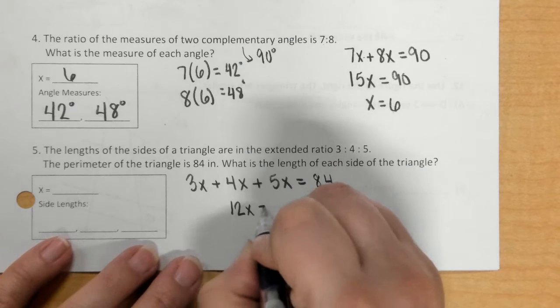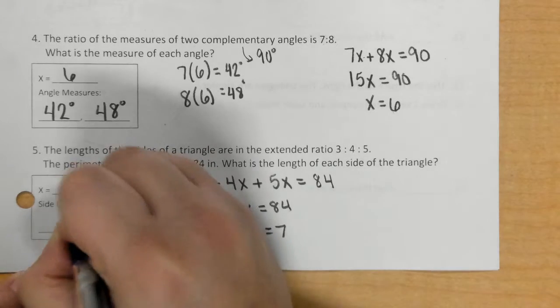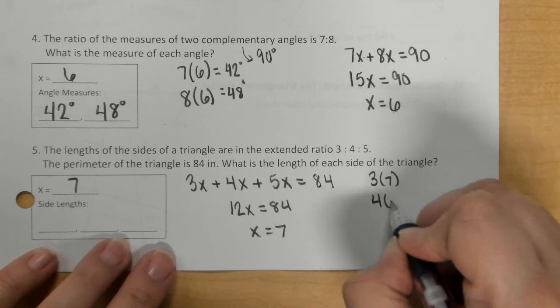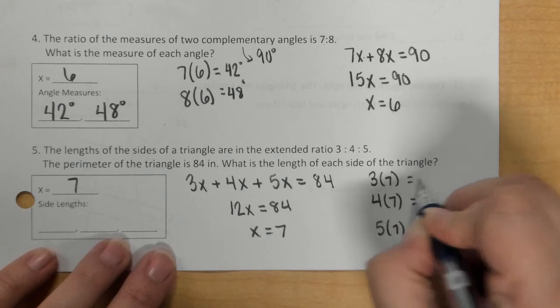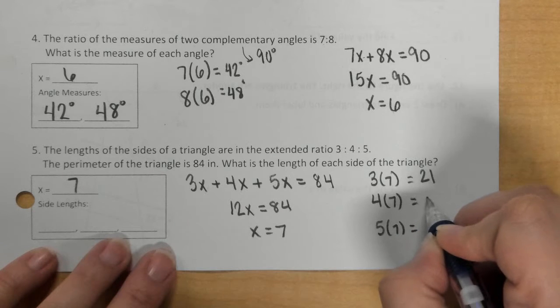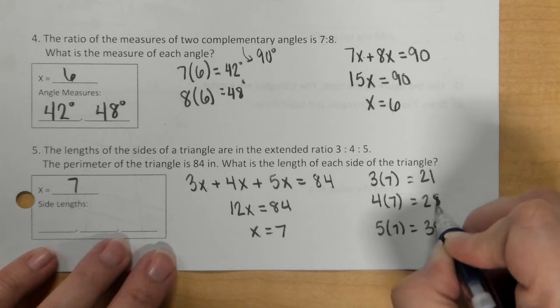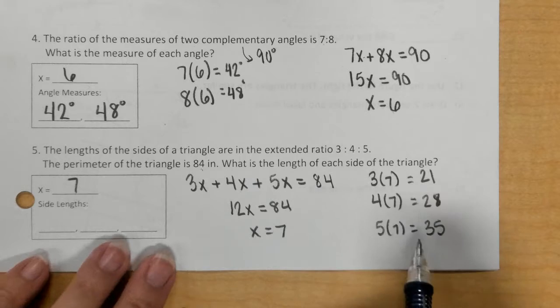This becomes 12x equals 84, and x is 7. But now I need to plug 7 into each expression. So 21, 28, and 35. And it says up here that it was 84 inches, so that means that all of these are inches.